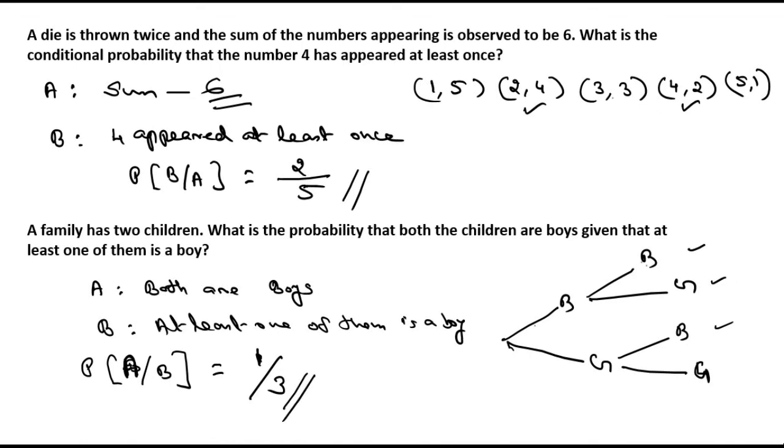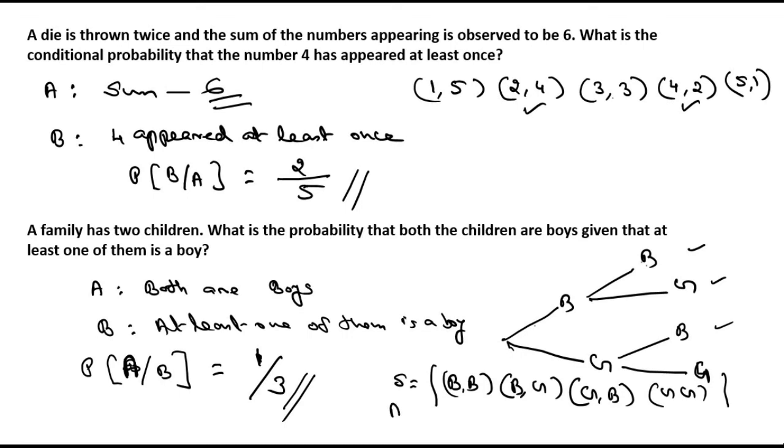Now, if you write this as a sample space, then also we will get the same answer. When you write the sample space, it is BB, BG, GB, GG. These are the 4 cases. A is both are boys.